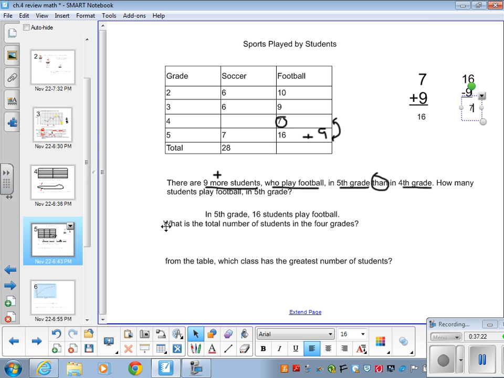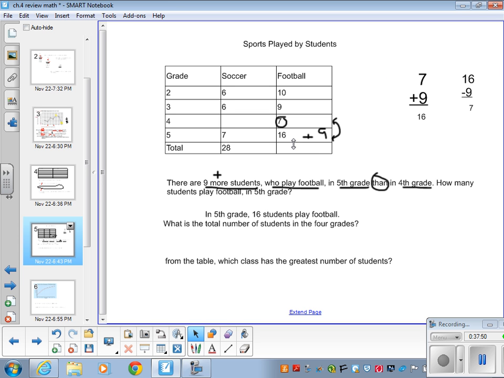Okay, next question. What is the total number of students in the 4 grades? Wow. So they want to know all the students in 2nd through 5th grade all together. Well, so far I have all the 2nd through 5th graders with football. Now I have to find the total.